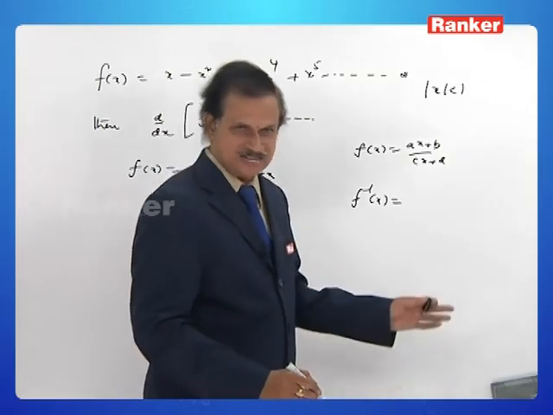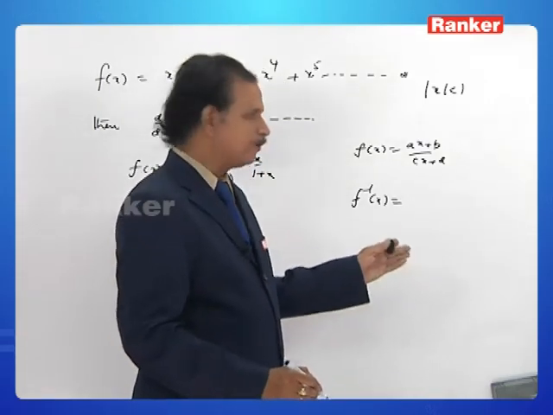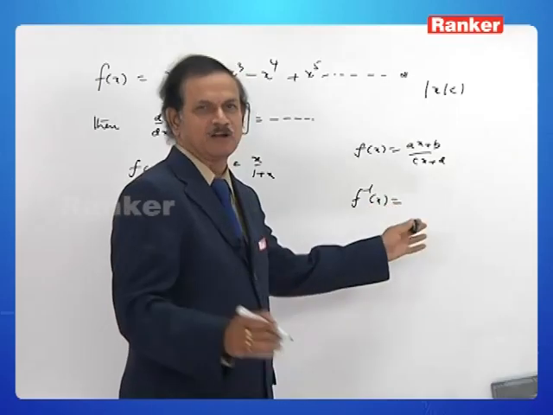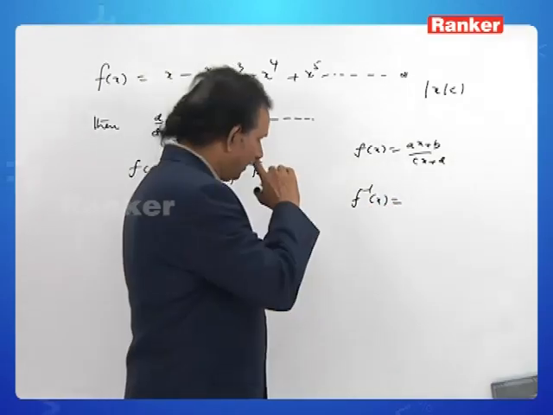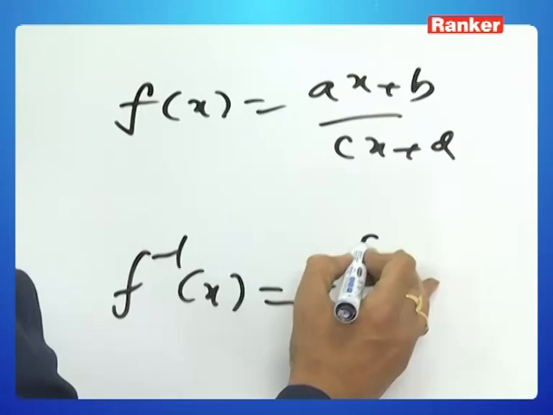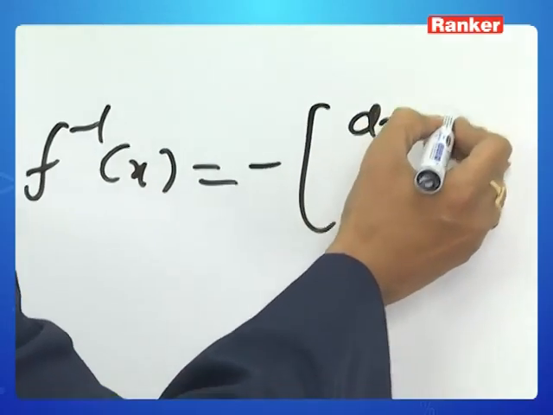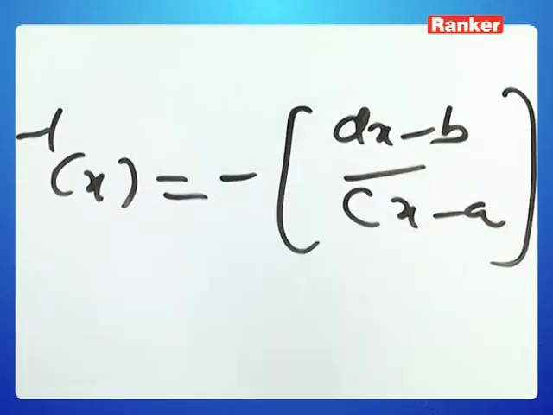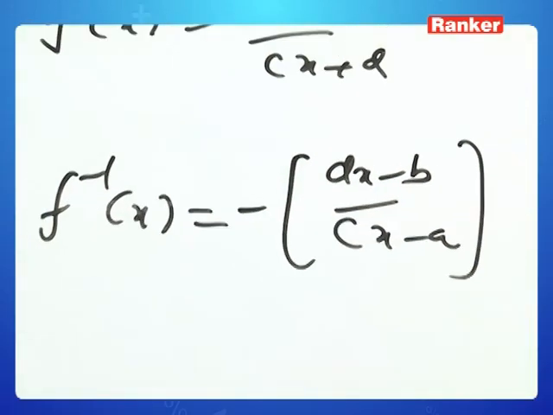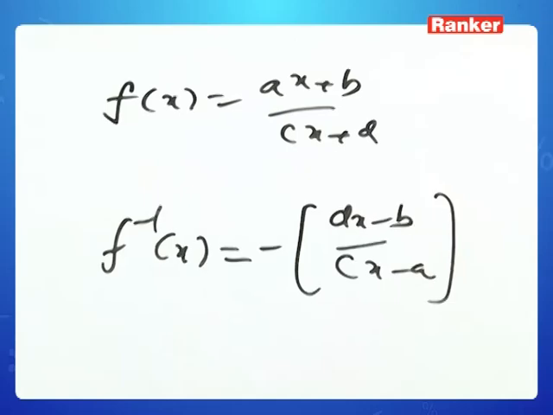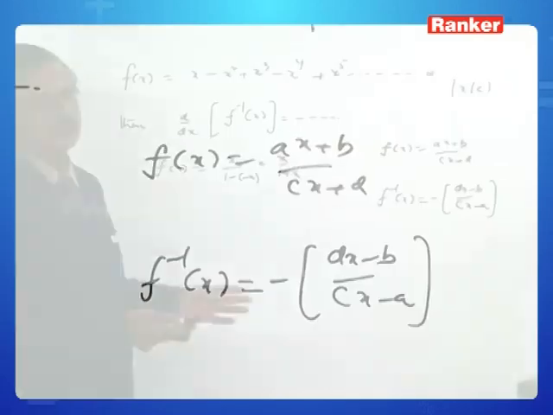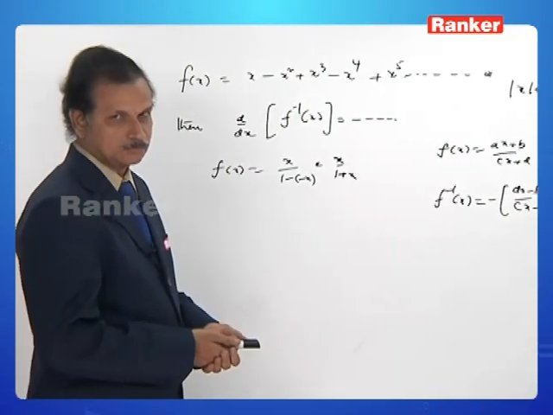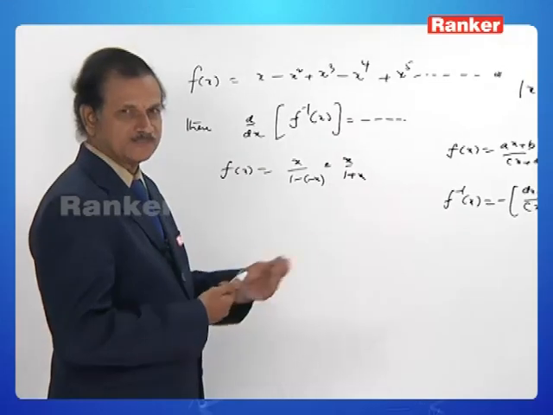This structure, rather this style is valid when and only when the expressions involved in that are existing. Well, f inverse of x is equal to minus of dx minus b by cx minus a. X is not equal to minus d by c, and x is not equal to a by c, of course. Okay, you recall that formula.